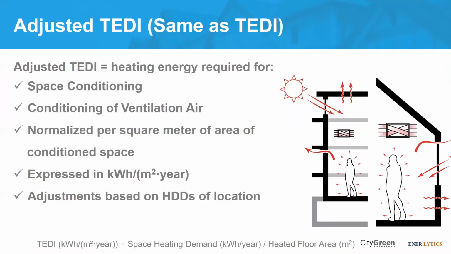So adjusted TEDI is defined as exactly the same thing as TEDI. It includes space conditioning, conditioning of ventilation air, normalized by square meter of area of conditioned space, expressed in kilowatt hours, but there are adjustments based on the heating degree days of the particular location where this home is being built.